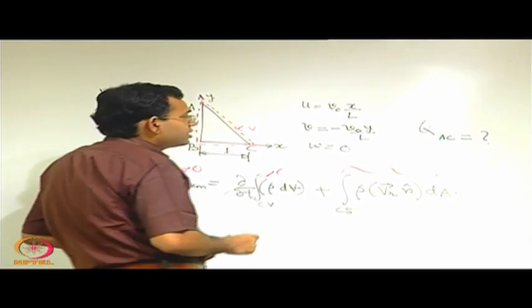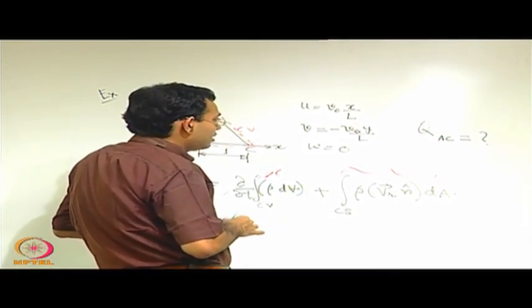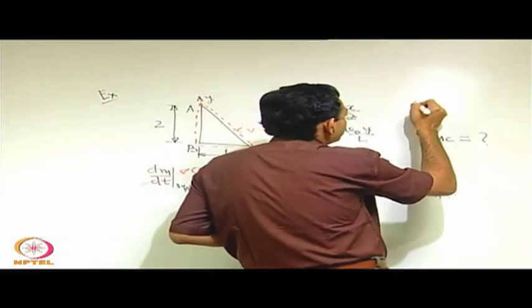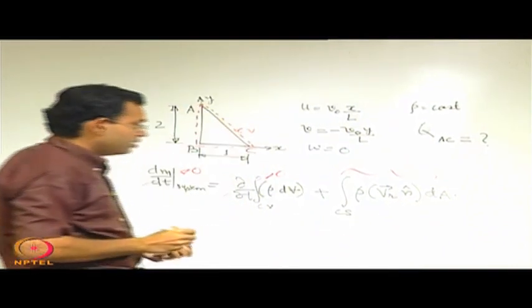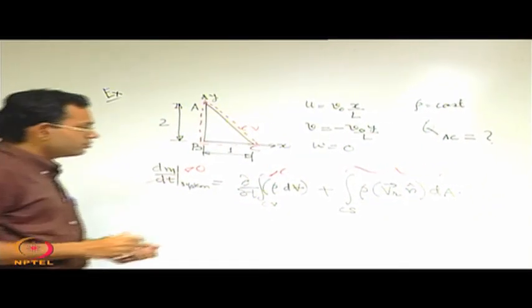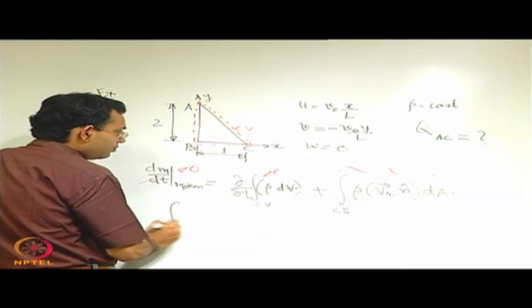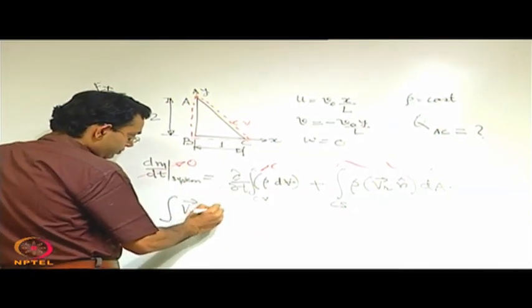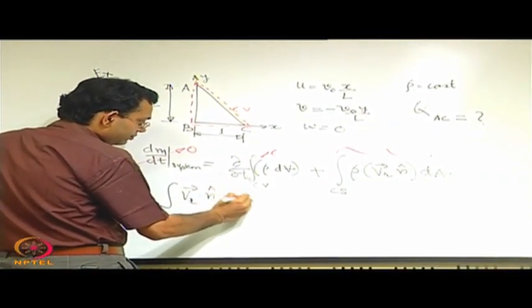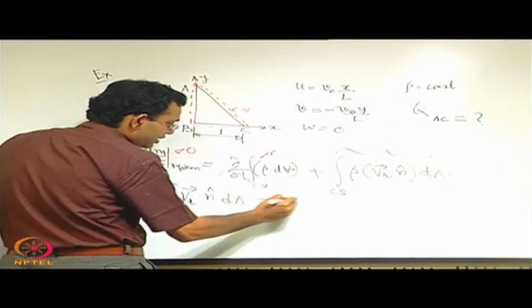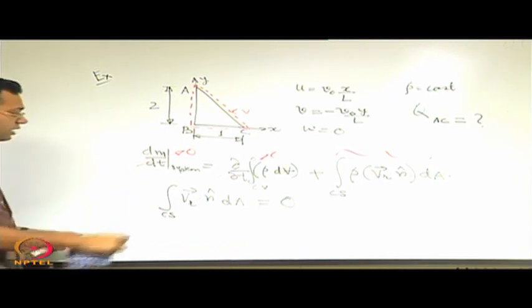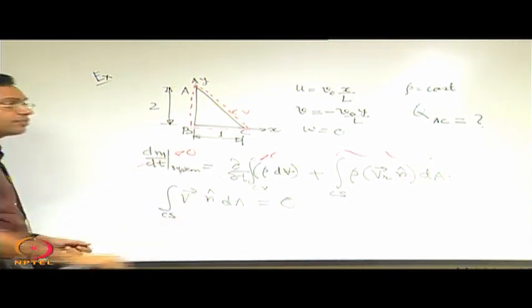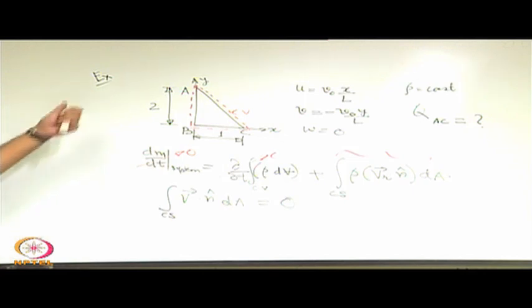So, if rho is a constant, let us make a further simplification that rho is a constant, then this will boil down to basically integral of v dot n dA over the control surface equal to 0. And when we say v, here the relative velocity and absolute velocity are the same, because it is a stationary control volume, it is not a moving control volume.